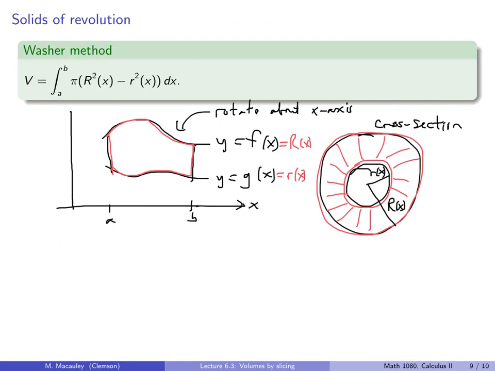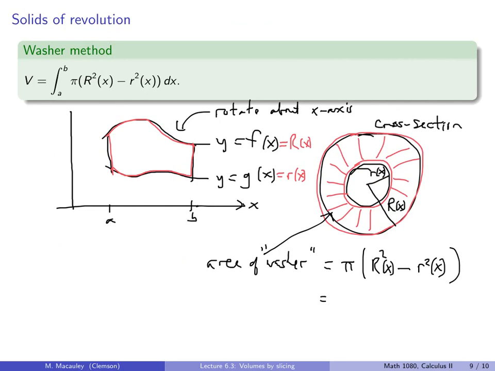And so the area of the washer, in quotes, that's this annulus area because it's in the shape of a washer, is pi times big R squared of x, so this is R of x quantity squared, minus little r squared of x, again, little r of x quantity squared.